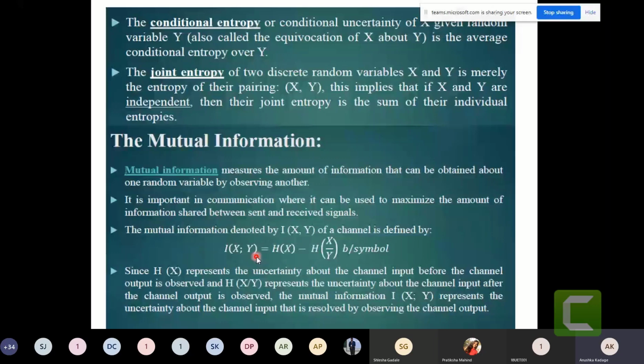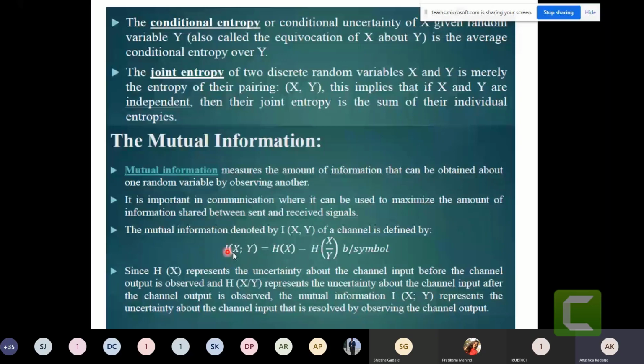But for mutual information, two different variables are needed, one from the transmitter and the other from the receiver. That's why we use the symbol I of x semicolon y.